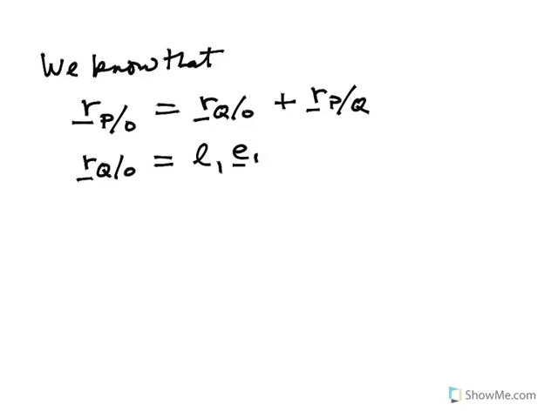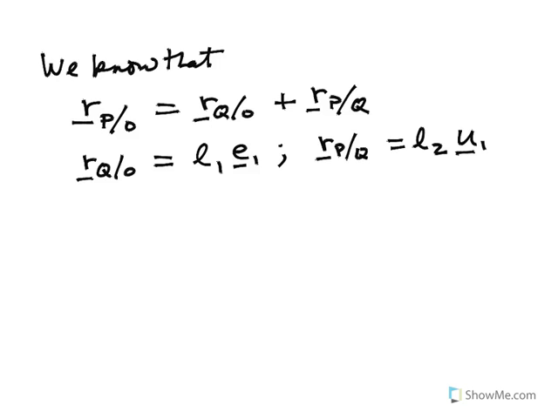This is distance L1 in the direction E1 from O to Q, and the direction is along OQ, so that's E1. Then the position of P relative to Q is equal to L2 times U1. Similarly, we're measuring from Q to P. The direction from Q to P is U1, and the distance between Q and P is L2.